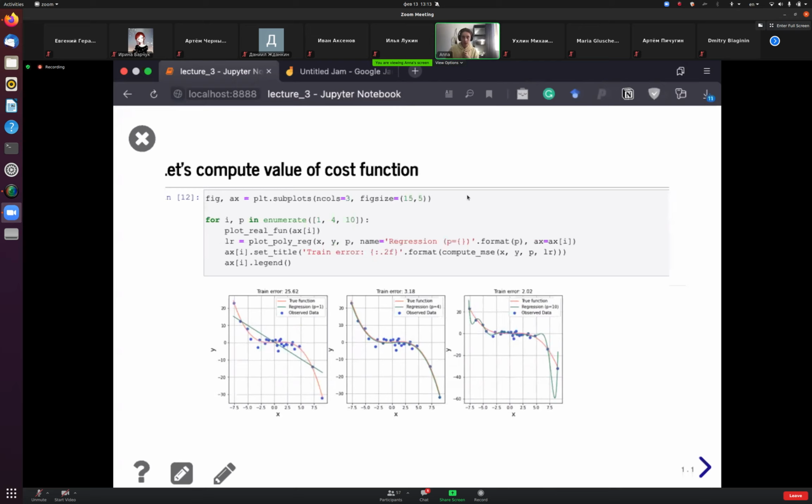So we see that the training error, or mean squared error on the blue points, used to be 25 for simple linear regression, then it was around 3 for the middle one, and then it gets even smaller for the last one.